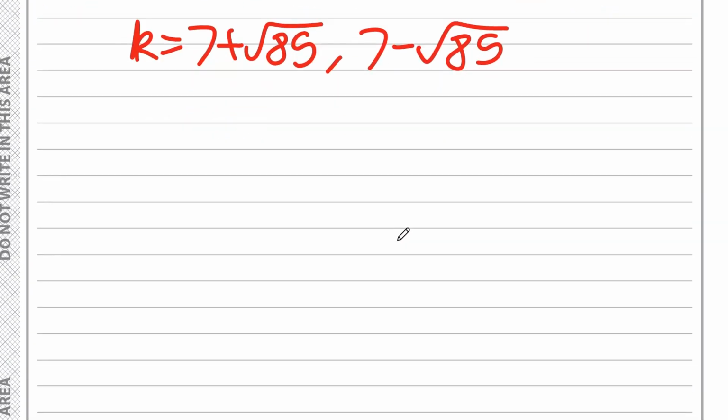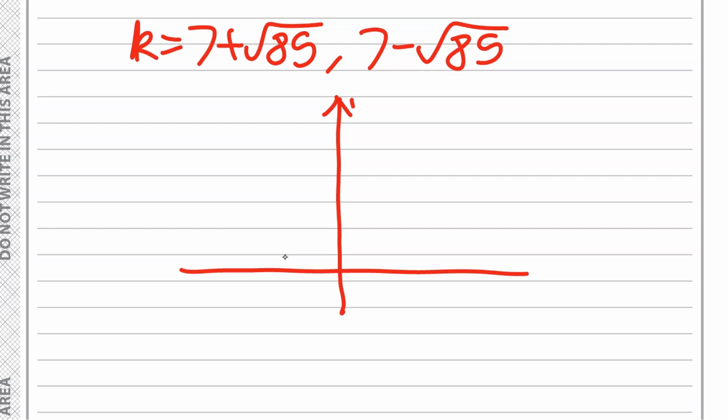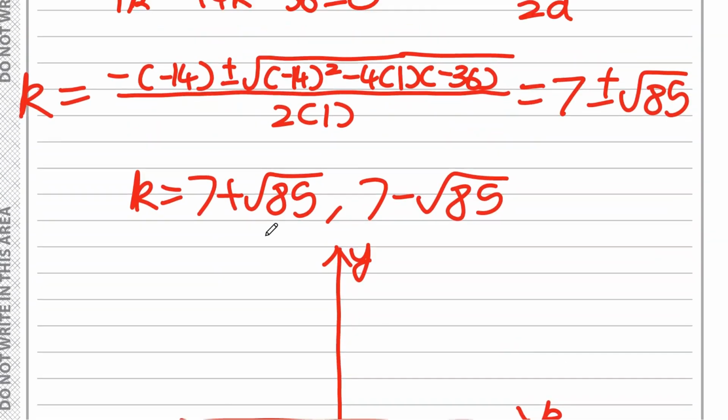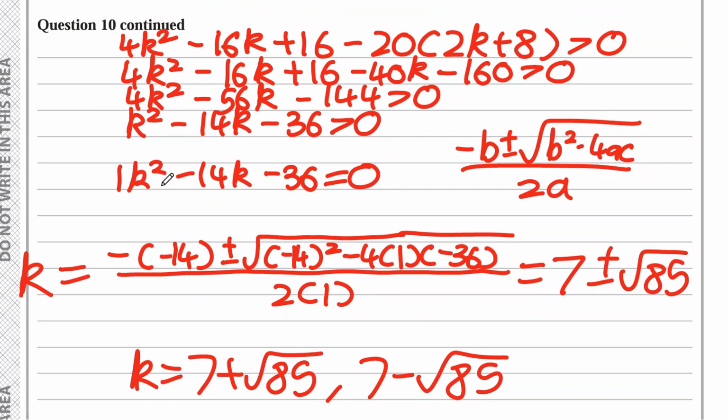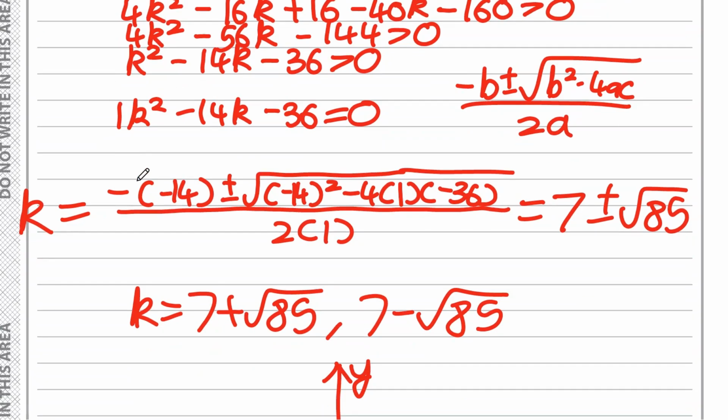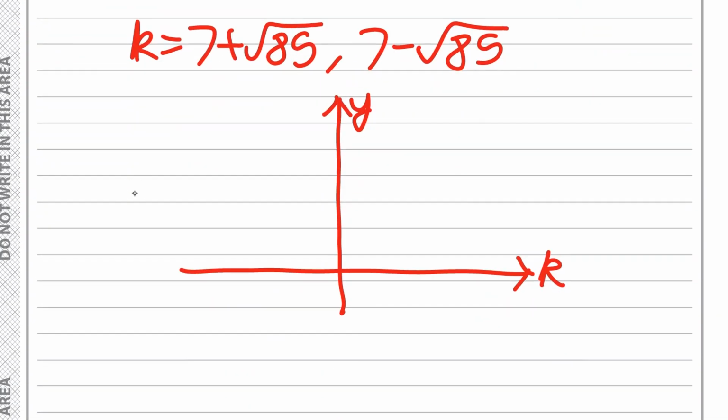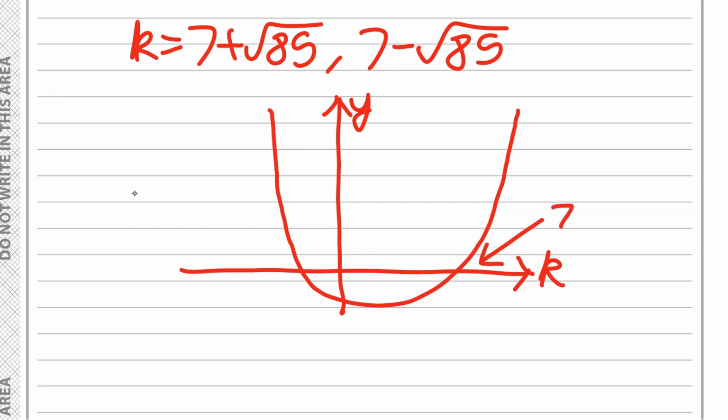Now, the way that we solve this from here is, let's draw this quadratic here with these roots. So if we draw a graph, we say that this is y and this is x, or I guess k in this instance. We draw this quadratic here, so it's a positive parabola because the coefficient of k squared is positive. So it's going to look something like this here, where this root here is the 7 plus root 85, and this here is the other root, which is the 7 minus root 85.